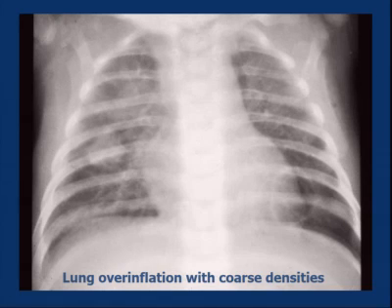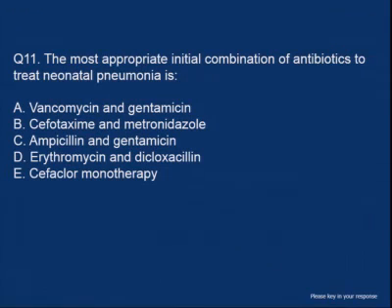But you may see a different type of film in pneumonia: lung hyperinflation, some coarse infiltrates, and on this one there may be a couple of areas that may be starting to look like abscesses. And so this is a typical kid with neonatal pneumonia.